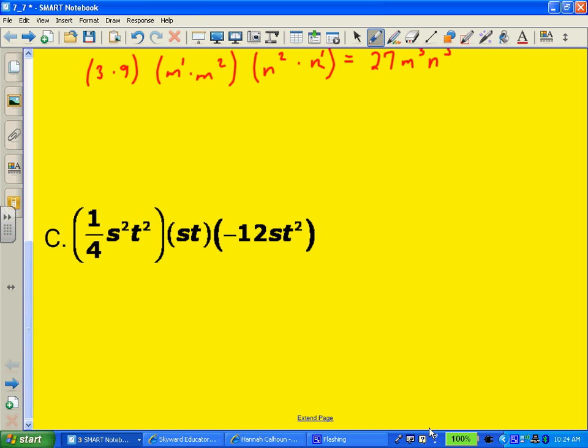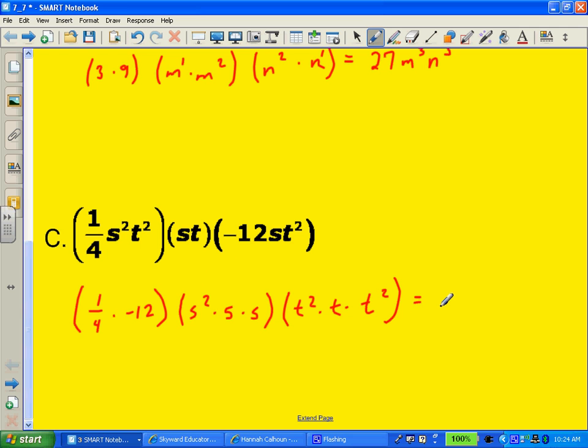And one more that's a little more fun for us here. Again, I got 1/4 times negative 12. I got s squared times s, and I got t squared times t squared.